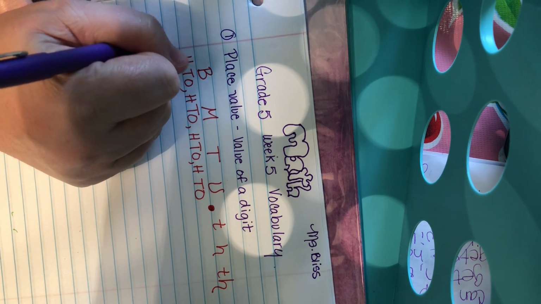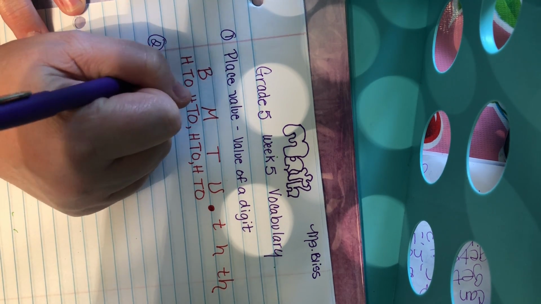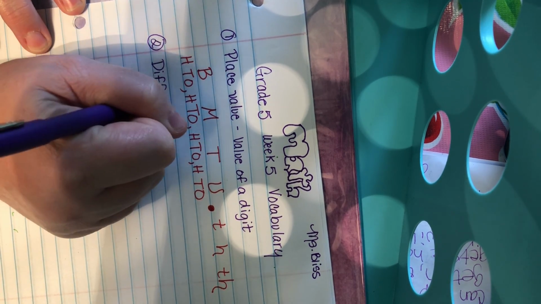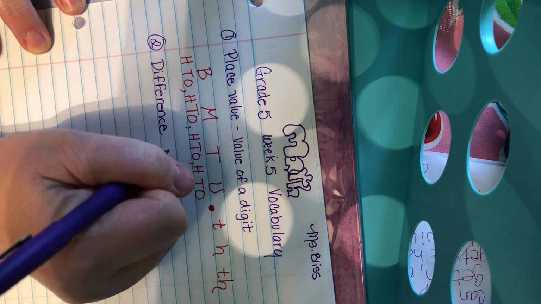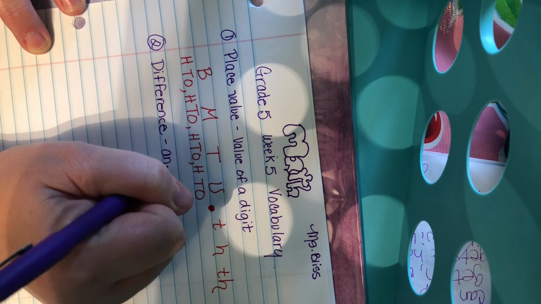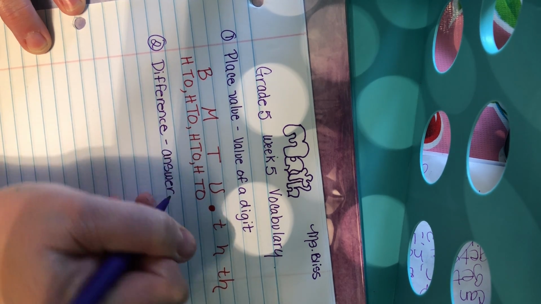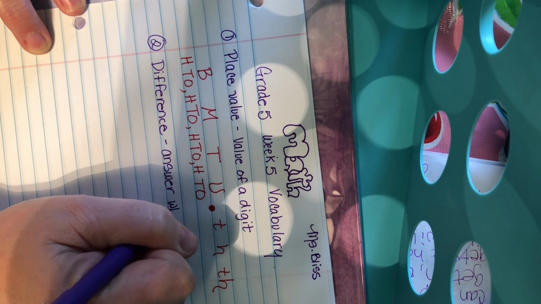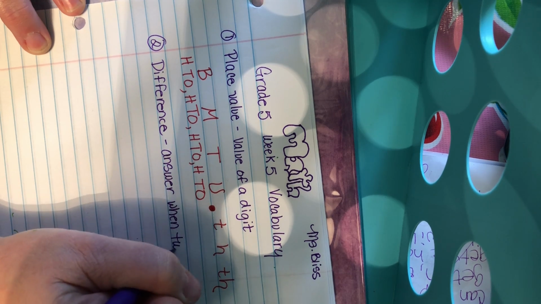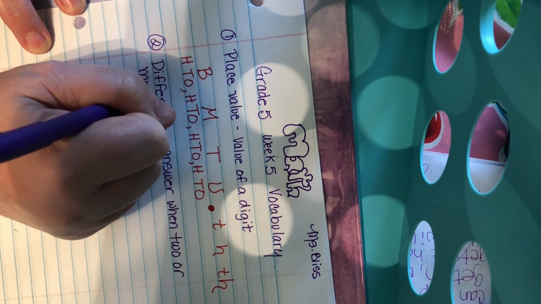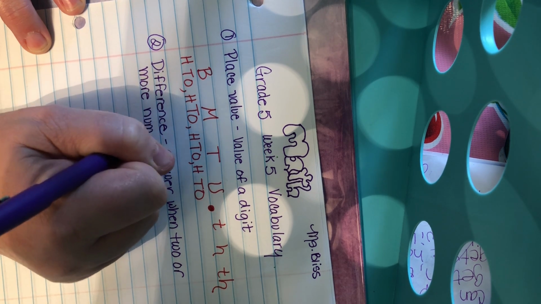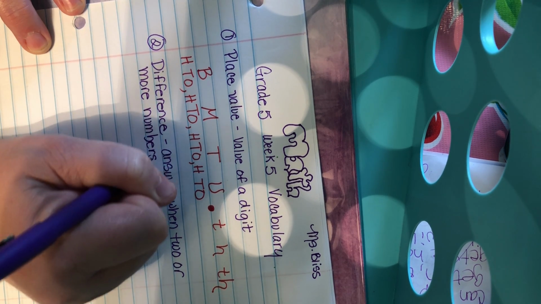We're going to go to the next definition, which is difference. Once again, this is just so that when you see this as academic language, you know what it means. It's the answer when two or more numbers are subtracted.